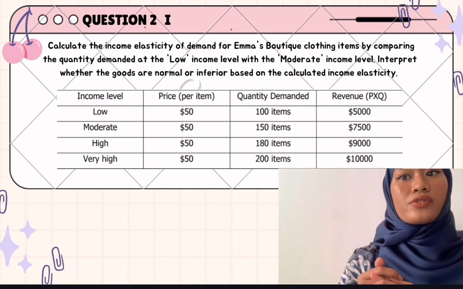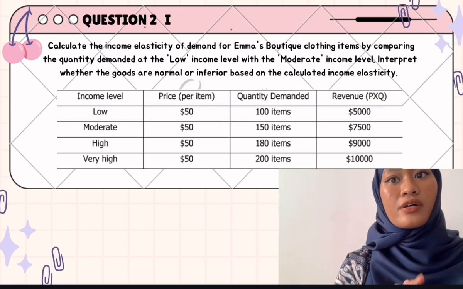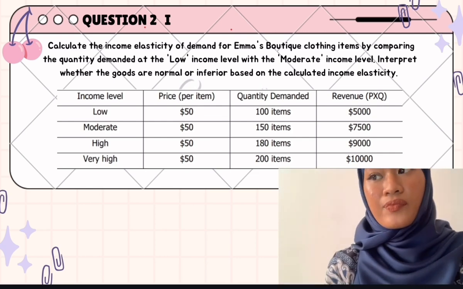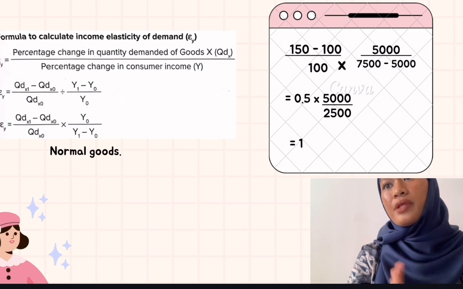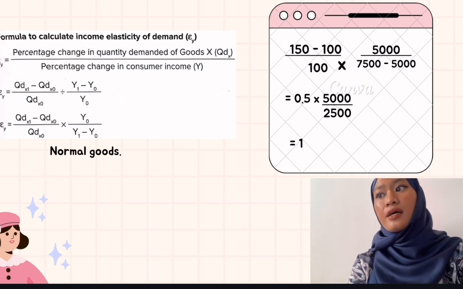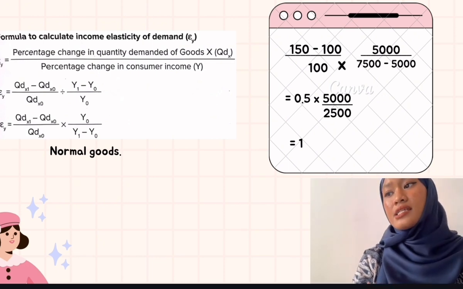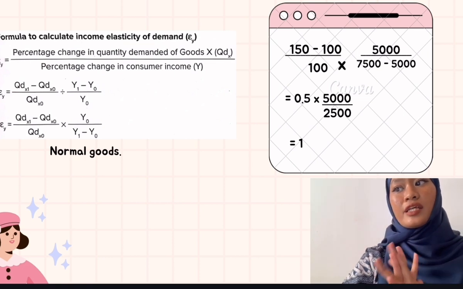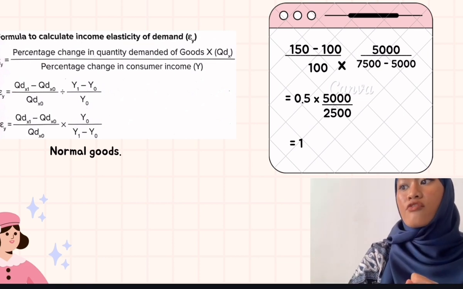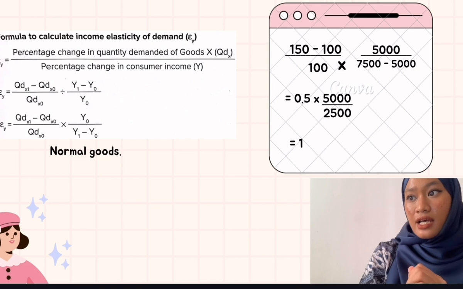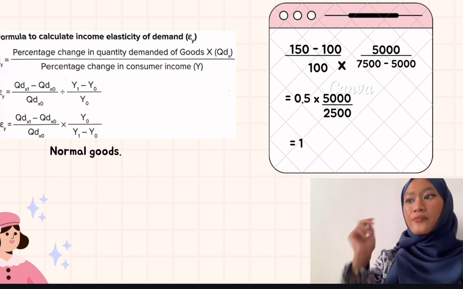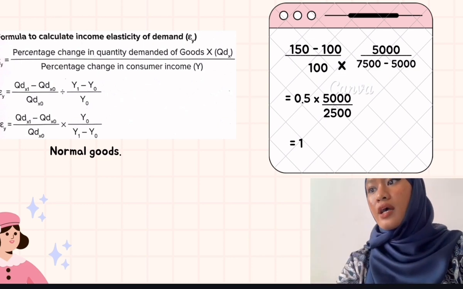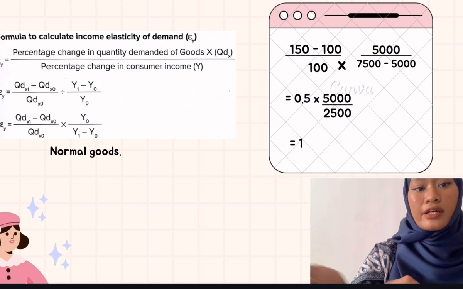Interpret whether the goods are normal or inferior based on the calculated income elasticity. So the formula for calculating income elasticity of demand is percentage change in quantity demand of good X over percentage change in consumer income Y. So we got the formula here, and this is our calculation.